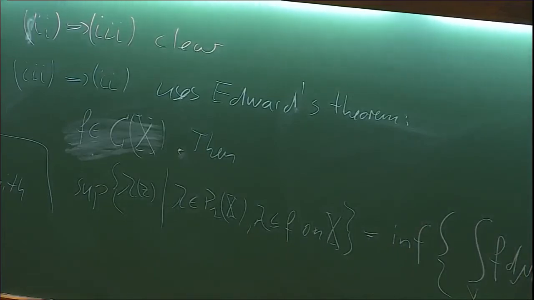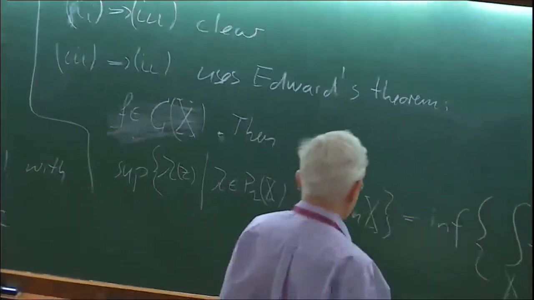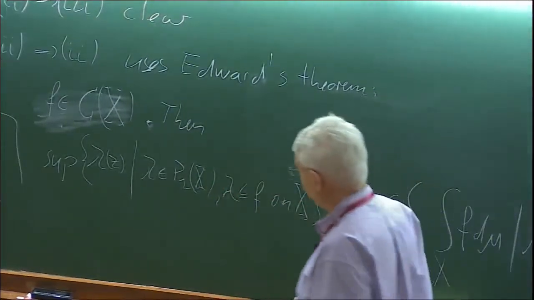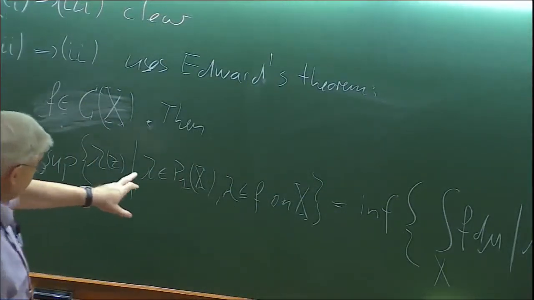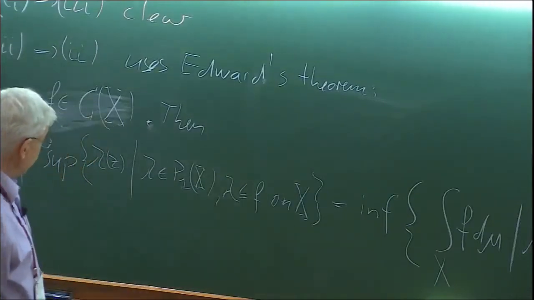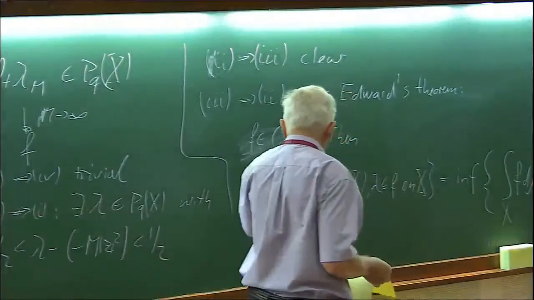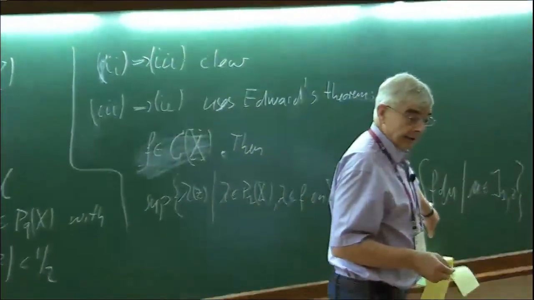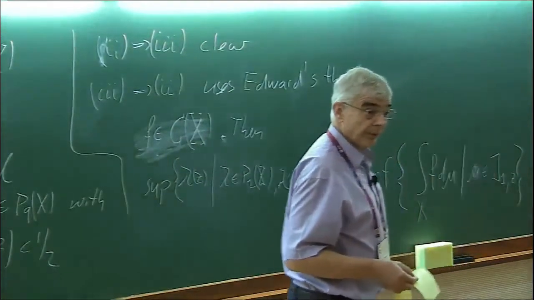And notice in this theorem, one direction is clear, namely the sup is always less than or equal to, because lambda stays below f on the one hand, and lambda is in P1. Mu is a Jensen measure, so lambda of c is less than or equal to this integral, but with lambda, and then lambda stays below f, so it's less than or equal to what you get here with f.